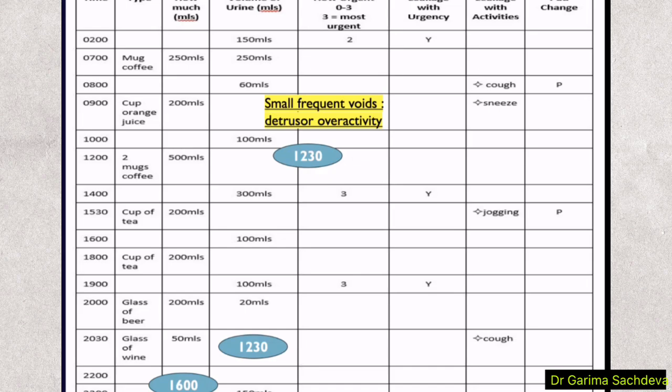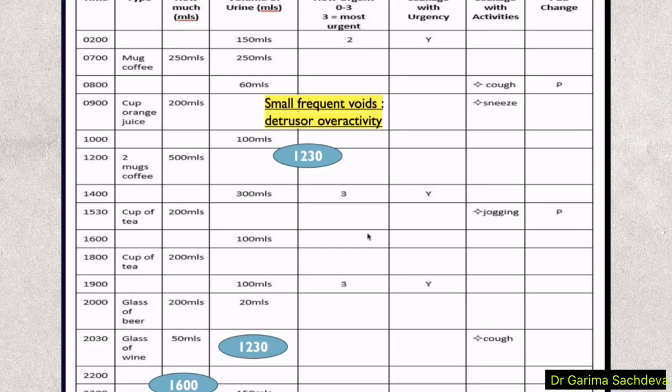And now, how many times she has felt urgency. From 0 to 3 she has to rate. So 3 times she had urgency symptoms, and with urgency there is leakage also. This is called urge incontinence, detrusor overactivity with urge incontinence, because whenever she is feeling urgency there is leakage. She's unable to control.